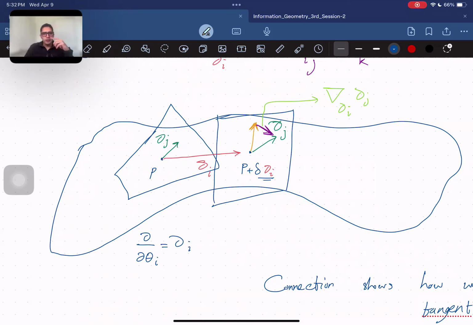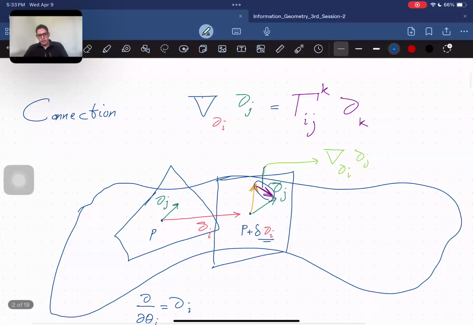The connection gives us this distance. So if we start with partial j, and if we end up with partial j at point P plus some perturbation, the connection gives us this purple one, which can be viewed as the adjustment that we need to make in order to get the same vector at point P plus delta, which is a small perturbation.